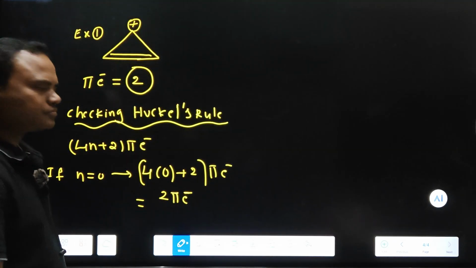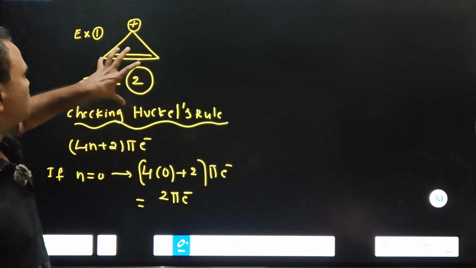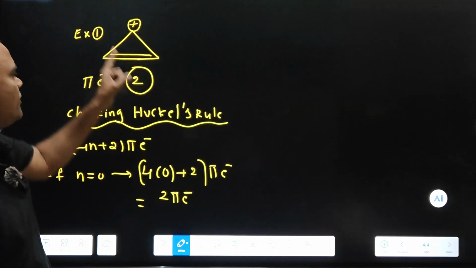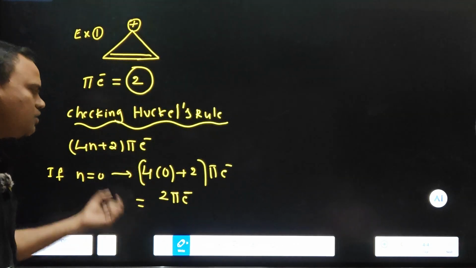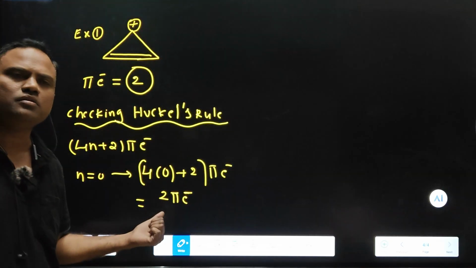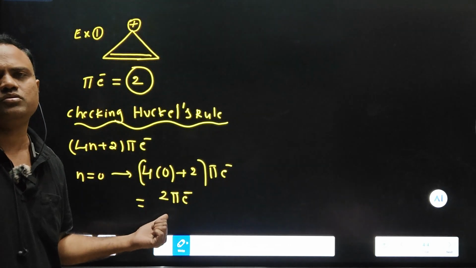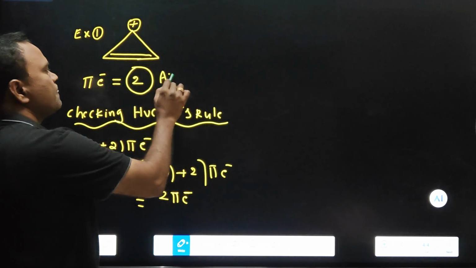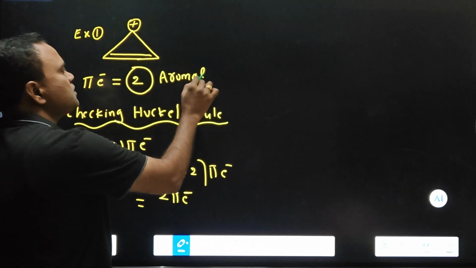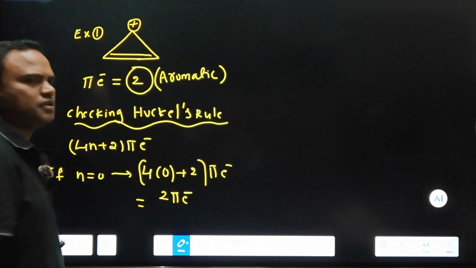In the given species, how many pi electrons are present? 2. According to Huckel's rule, how many did you get? 2. So the numbers match. So this is aromatic. The compound which satisfies Huckel's rule is said to be aromatic.